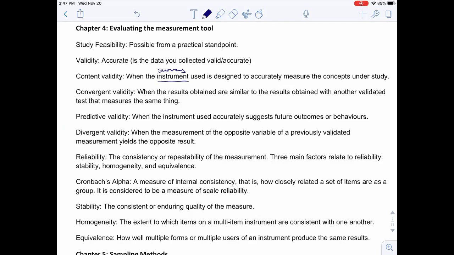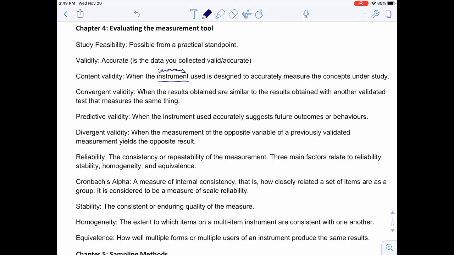Convergent validity, I should move next to divergent validity, right? But convergent validity is, you've got this survey that you've developed, and there's big business in developing surveys, right? You're saying it's able to predict these things, right? And then there's another well-tested survey out there, and you're getting the same results, right?